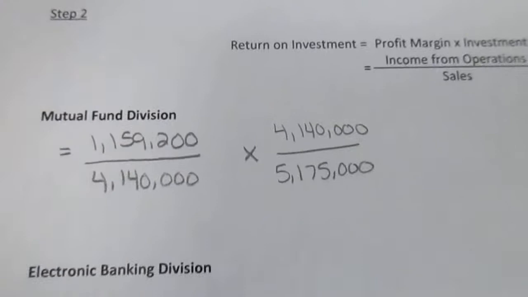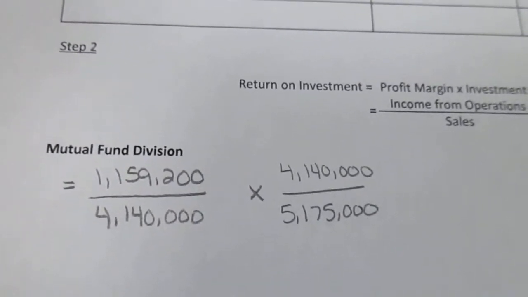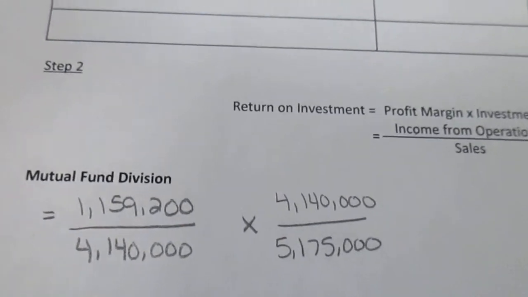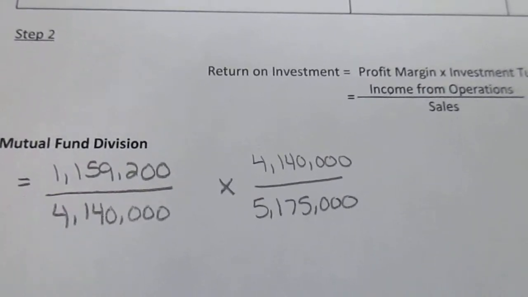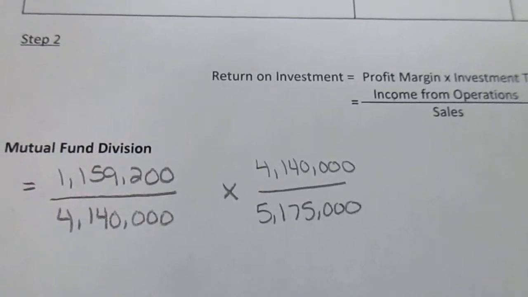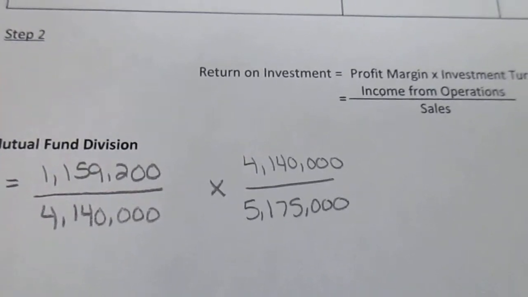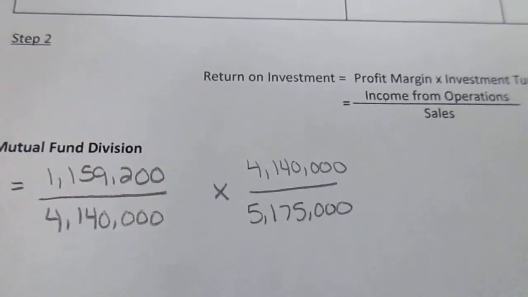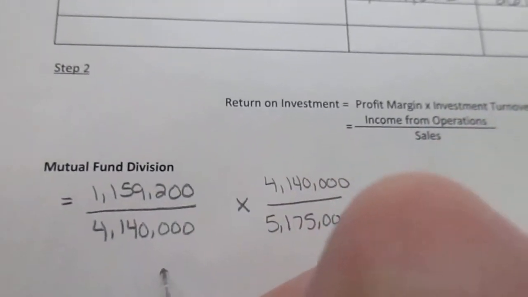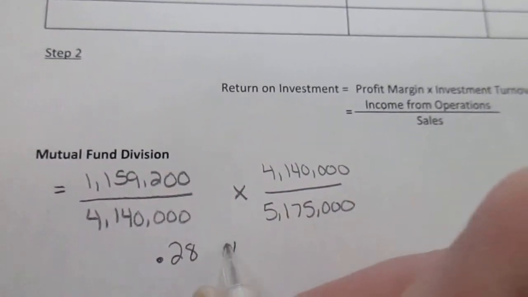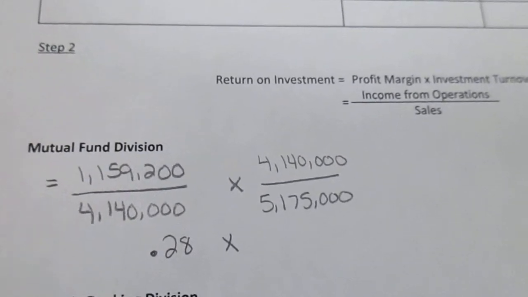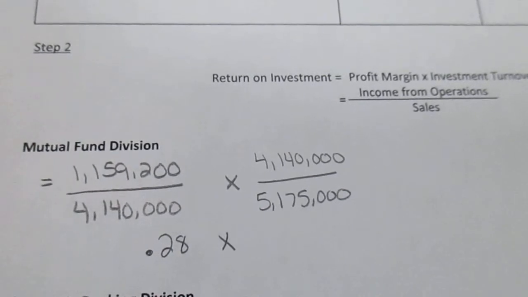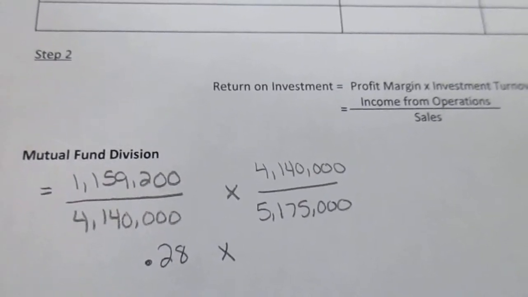Okay, so if we grab our calculator, and we do the first problem, 1,159,200 divided by 4,140,000, we're going to get 0.28 times, and then we do the next one. Sorry, I didn't do this math ahead of time.